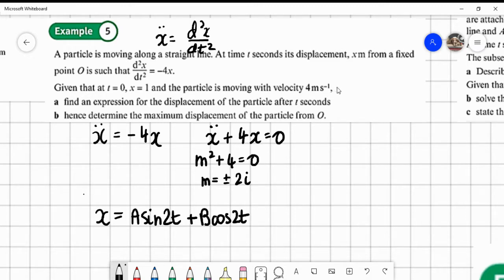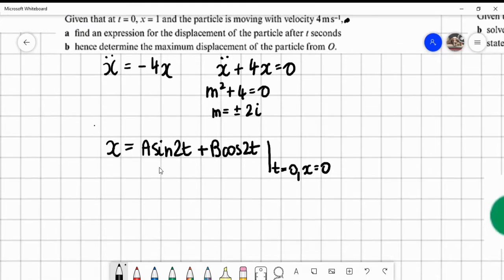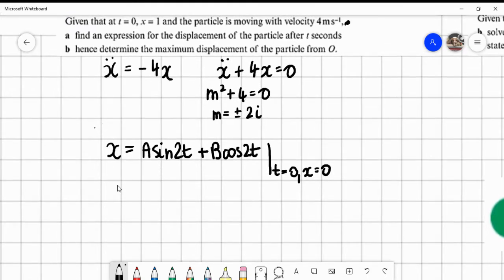We've got some conditions here. t is equal to 0 and x is equal to 0. And we also have velocity. So let's substitute t equals 0 and x equals 0 into the solution to obtain one of the relationships between them: sine 0 is 0 plus b cos 0, which is 1.